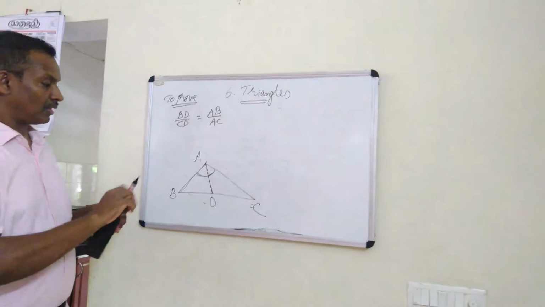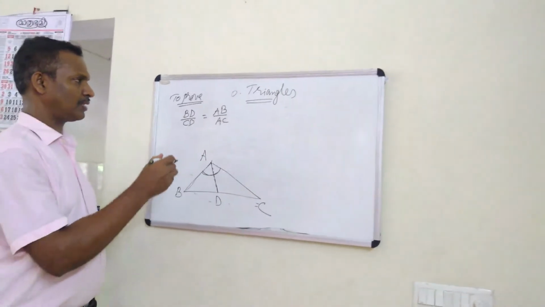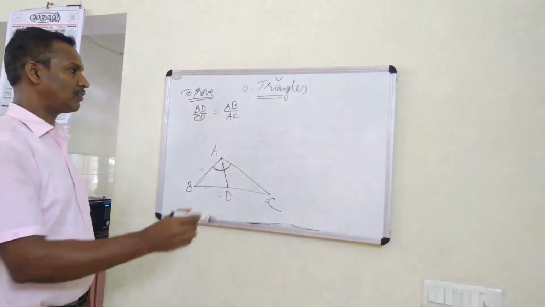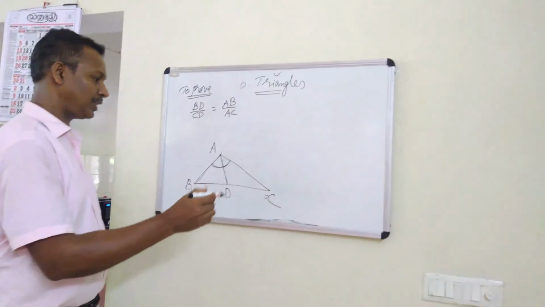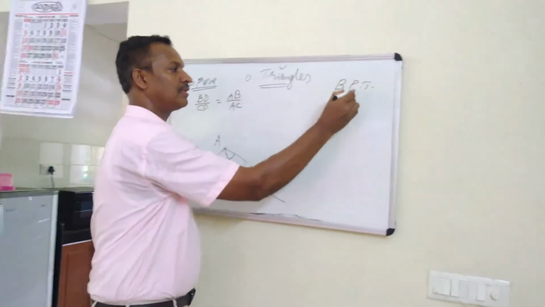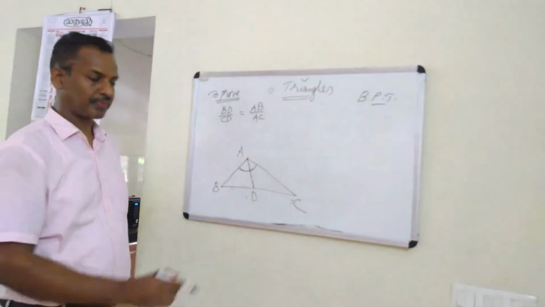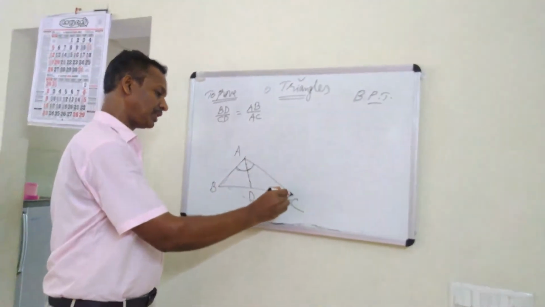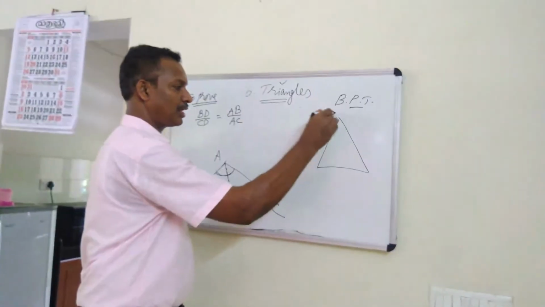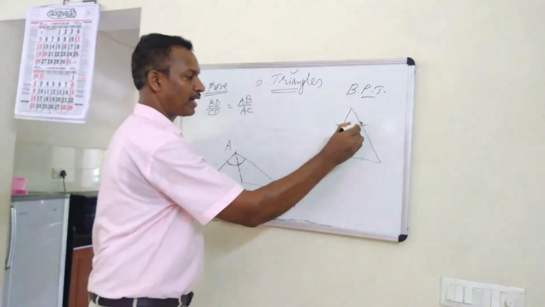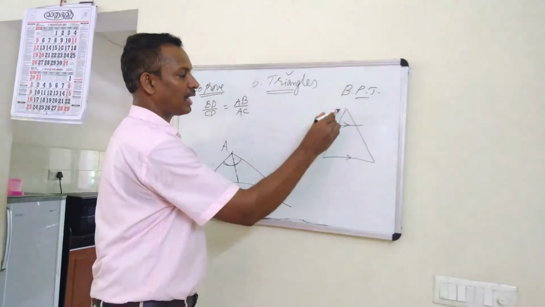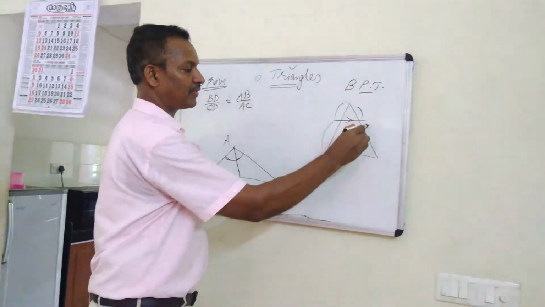So here we take the help of the properties we studied in this chapter, triangles. The property we make use of is BPT, the basic proportionality theorem. You all know what BPT is: if a line is drawn parallel to one side of a triangle, then the other two sides are divided in the same ratio.